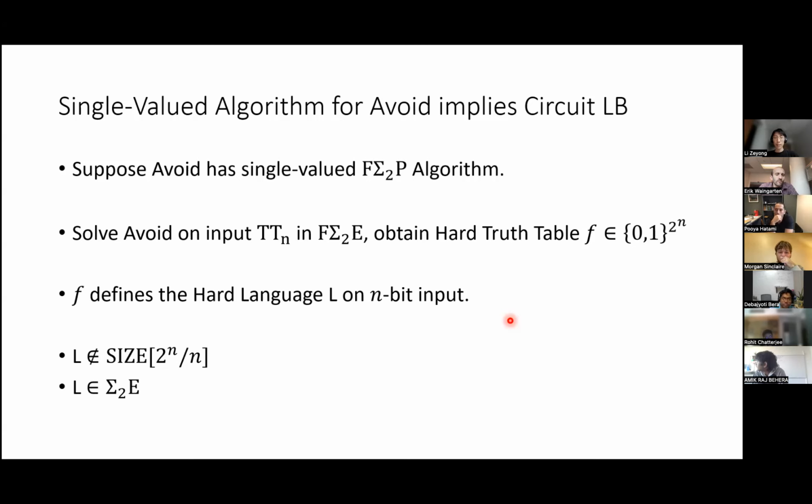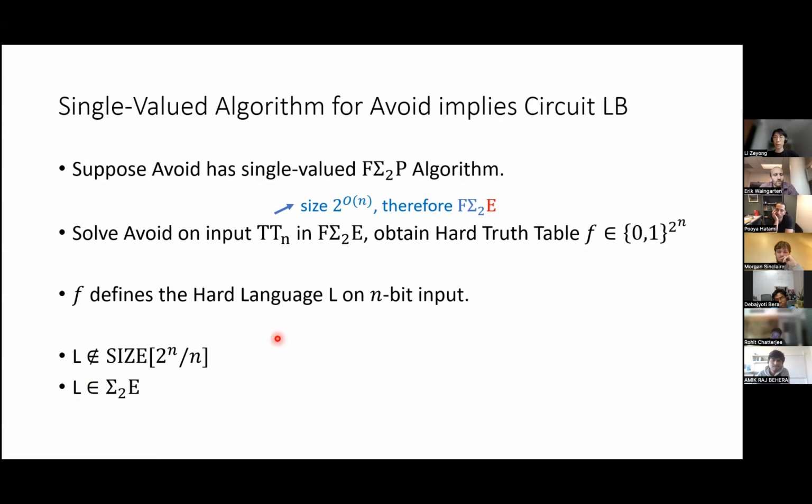On the other hand, this language can actually be decided in Σ2E, because we can just run the FΣ2E algorithm to obtain the truth table F and look at the correct position of the truth table, which tells you whether the input string is in the language L or not.